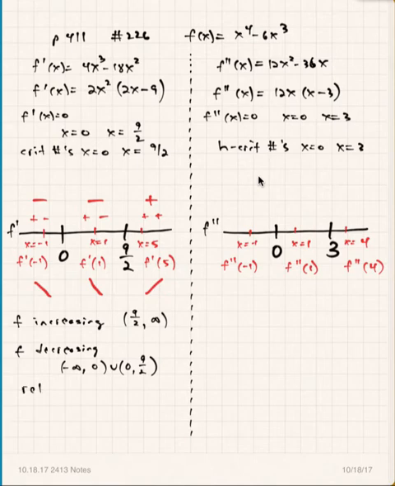Relative maximums, there isn't a relative maximum, so none. And relative minimum would be when x is 9/2 or 4.5, and then you're finding f of 9/2 or 4.5. Figuring out what that is.